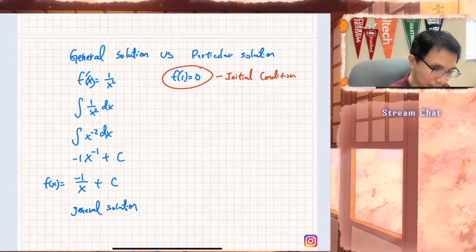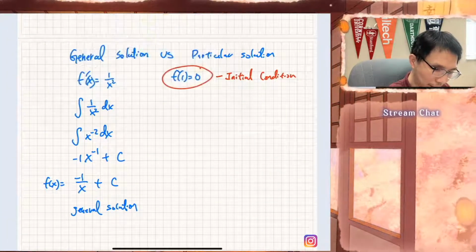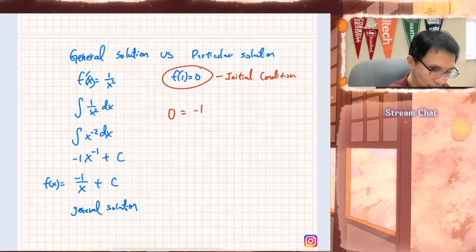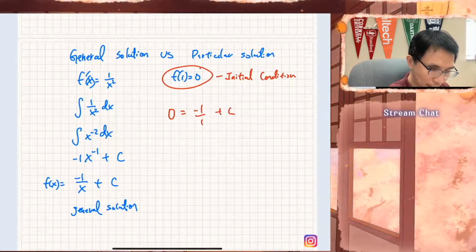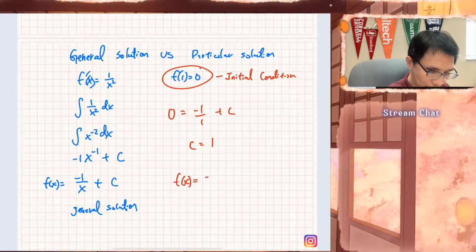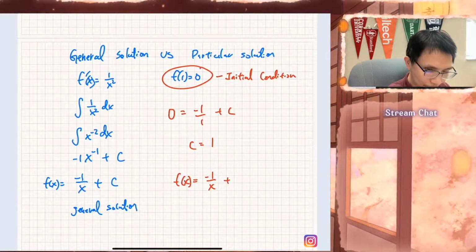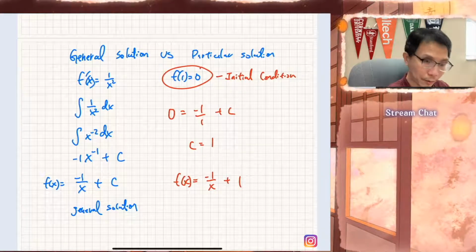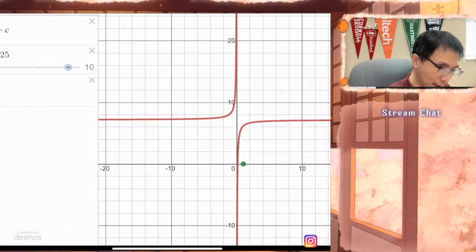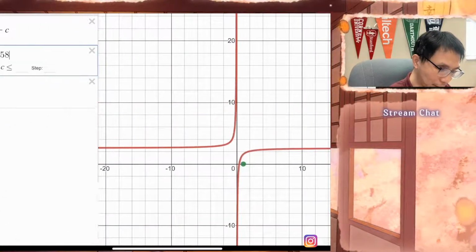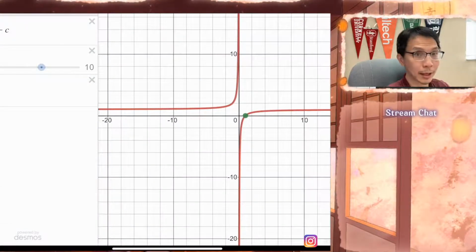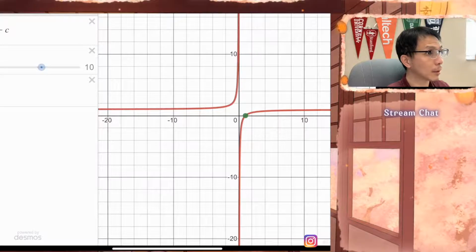You just plug in 0 for f of x and plug in 1 for x, and then c is equal to 1. So f of x is equal to negative 1 over x plus 1. If I go back and change the c to 1, it should intersect exactly that point. Does that make sense?